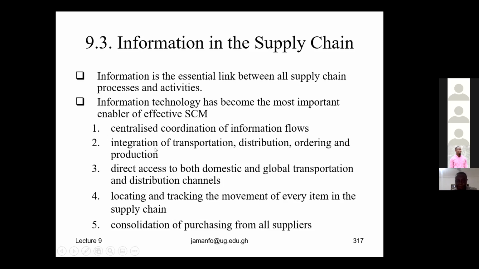So yes, because of technology, we are able to have centralized coordination of information flows. We can integrate transportation, distribution, ordering, and production. Okay? So Amazon, for example, has its own selected organizations that deliver courier service. Now, if I go on Amazon right now and place an order, I won't have to speak to any customer service officer.